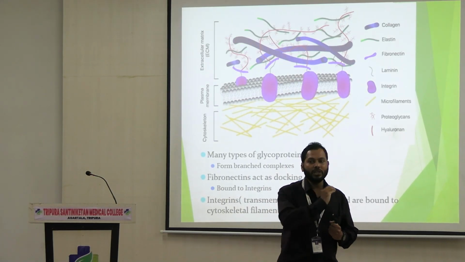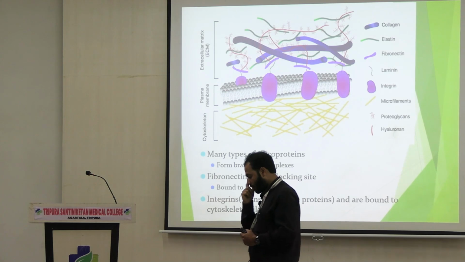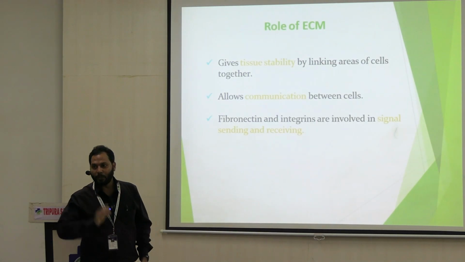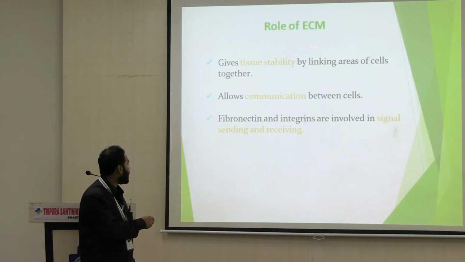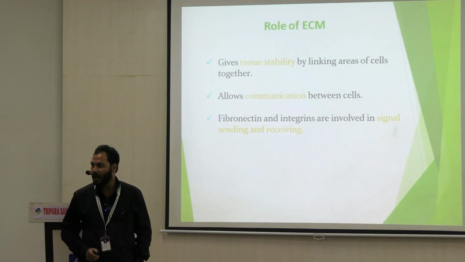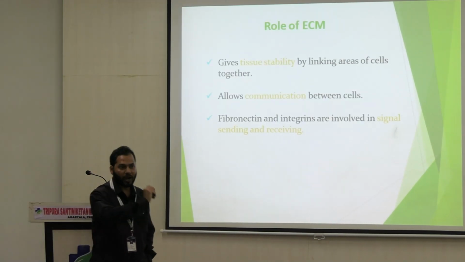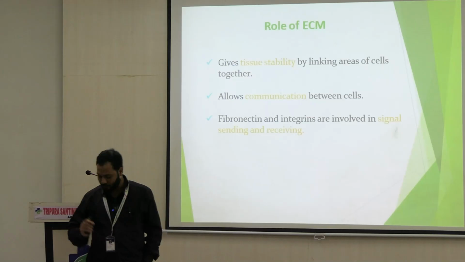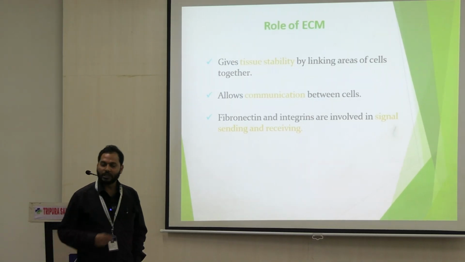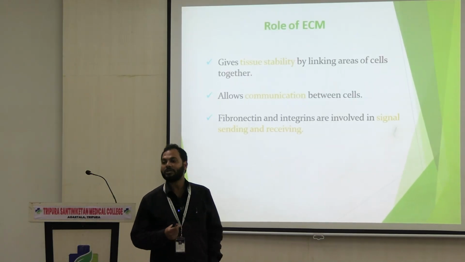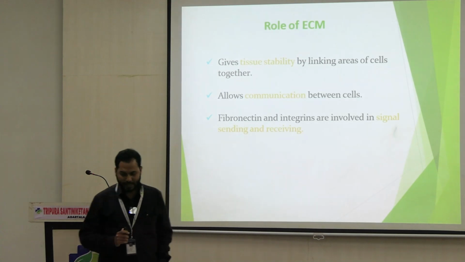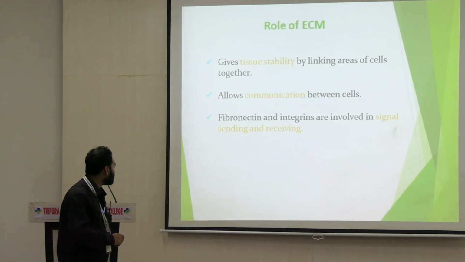We will see how this matrix is involved in the formation of junctions. See here, what are the most important functional features of this extracellular matrix? It provides stability to the tissue, right? Which is very vital for proper function of any type of tissue or any type of cell. It allows communication. For the transport of different types of materials from cell to cell, communication is very vital. So the cell matrix structure allows the communication process between cells.